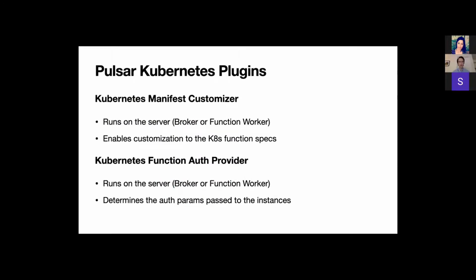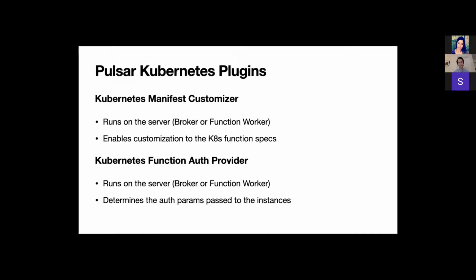Now I want to talk about the other 2 plugins, function plugins that are only related to Kubernetes. So these are only relevant if you're running functions in the Kubernetes runtime. So there are two main plugins here. The first one is a Kubernetes manifest customizer.